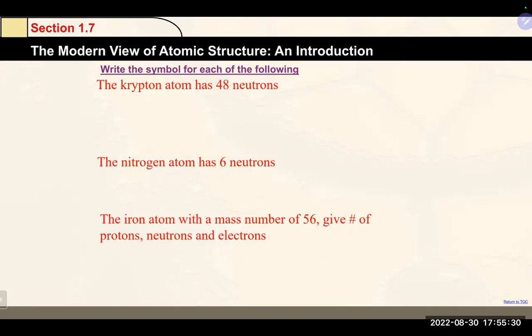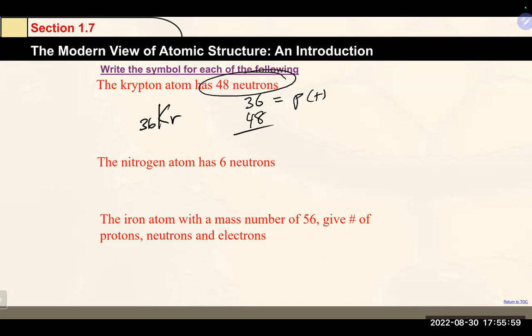So obviously we go to the periodic table and find our symbol, and that should be Kr for krypton. In this case, we could also go to the periodic table and find our atomic number, which I believe should be 36, the number on the bottom. That 36 would be the atomic number, which means it is also the number of protons. It gives us the number of neutrons, which is 48.